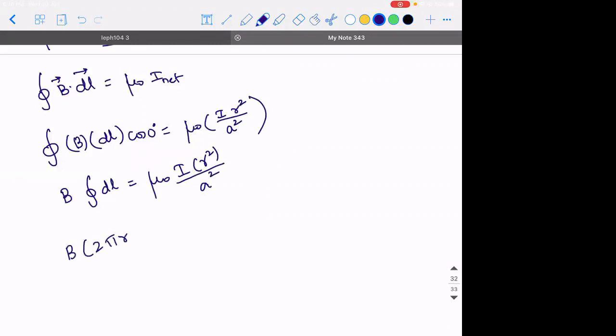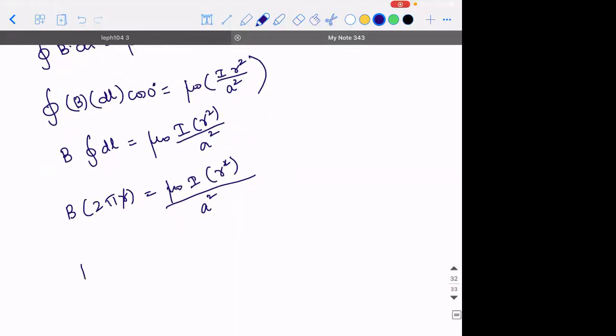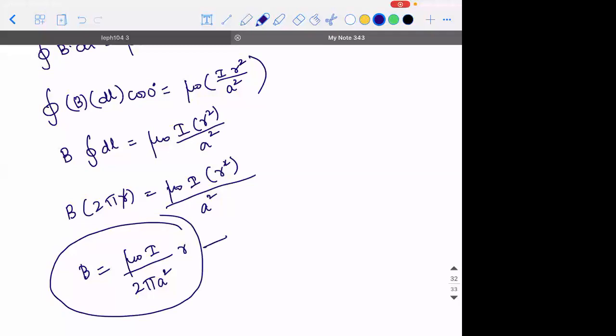So B into 2 pi r will be equal to mu naught into I into r square divided by a square. r and r will get cancelled. So what will be the value of B? It will be mu naught I divided by 2 pi a square multiplied with r. So this is the value of magnetic field for r less than a.